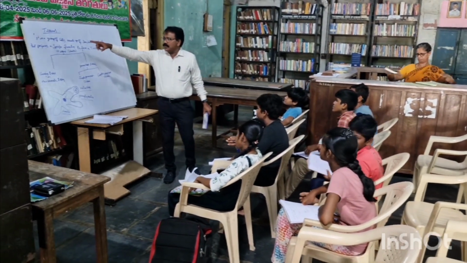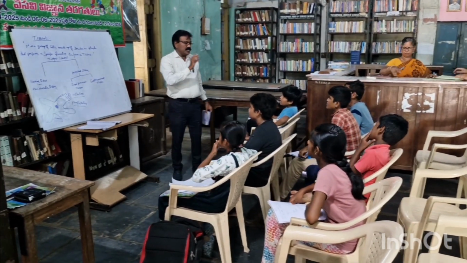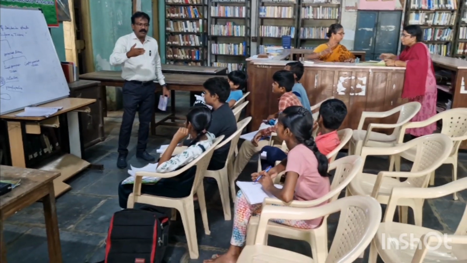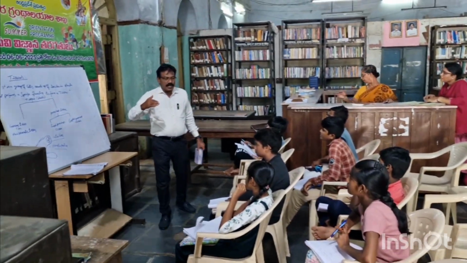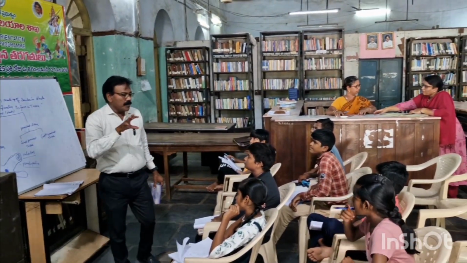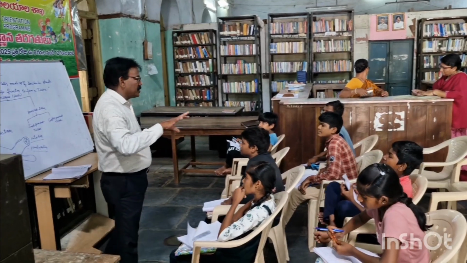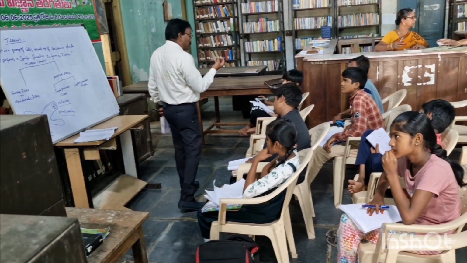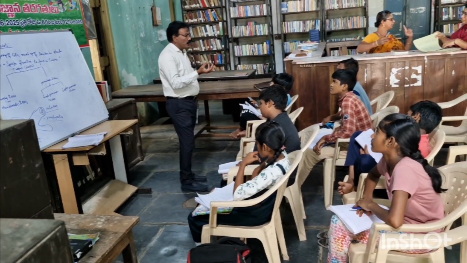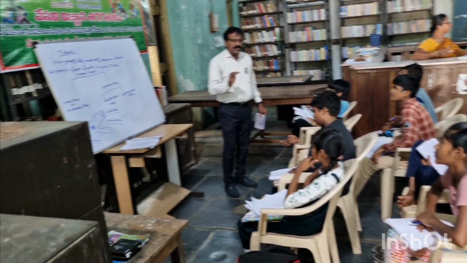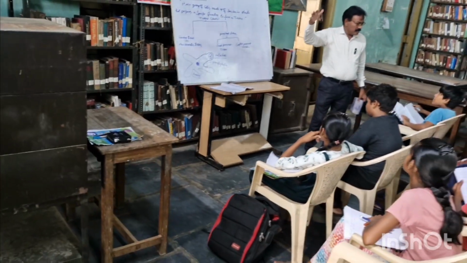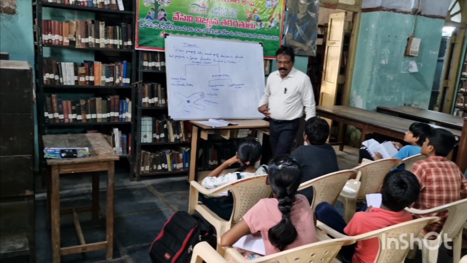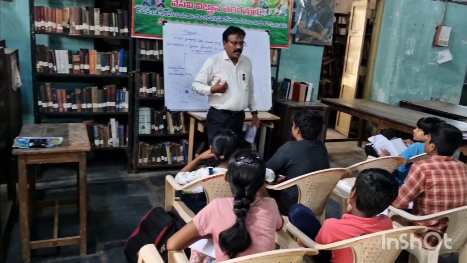A similar group of cells becomes a tissue, tissues become organs, and organs become organ systems. In multicellular organisms there are specialized cells grouped to form tissues, and these tissues perform different activities. For example, in our body we have muscular tissue.